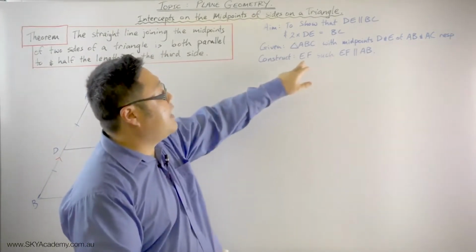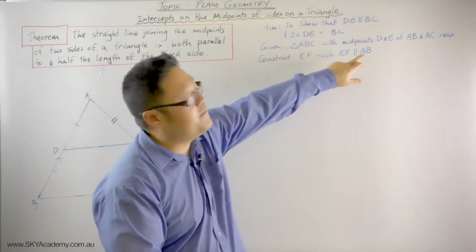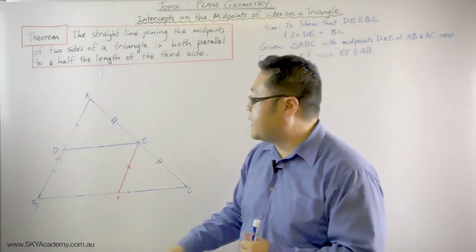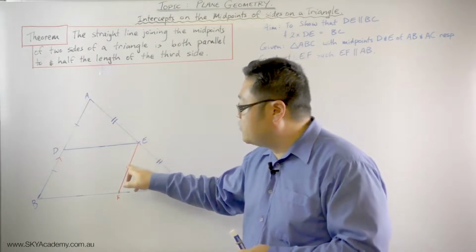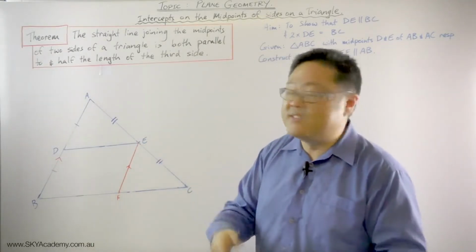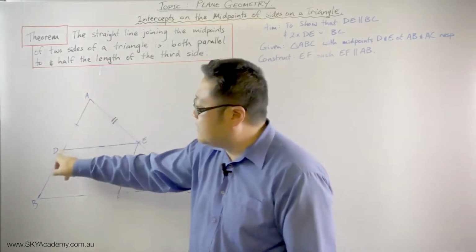And we've also constructed EF such that EF is parallel to AB. Let me just explain. I've drawn this construction line in red. We've produced this construction line such that it is parallel to AB.